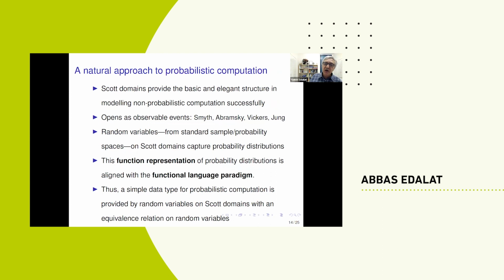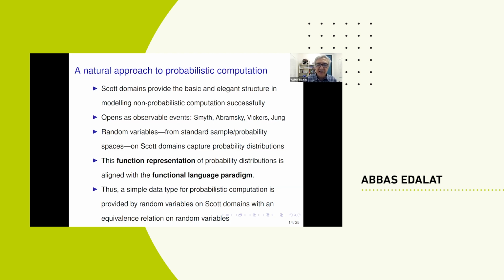Right, so now we come to the subject of our approach and our proposal. We argue that the natural approach to probabilistic computation is as follows. First of all, Scott domains provide the basic and elegant structure in modeling non-probabilistic computation very successfully.